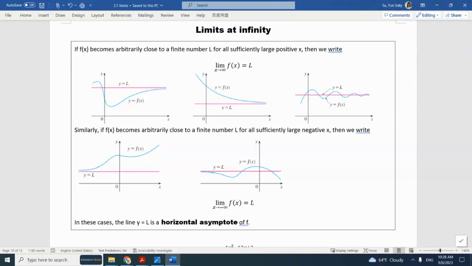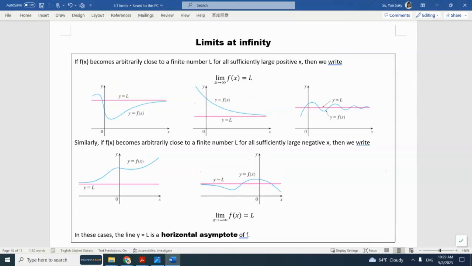And in both cases, we say this horizontal line is a horizontal asymptote. The last class was about vertical asymptote. This class is about horizontal asymptote.